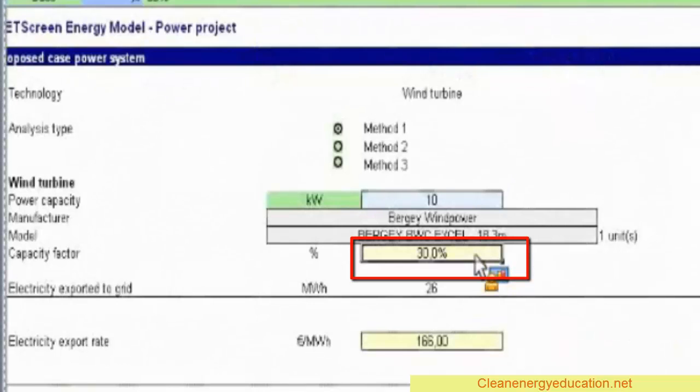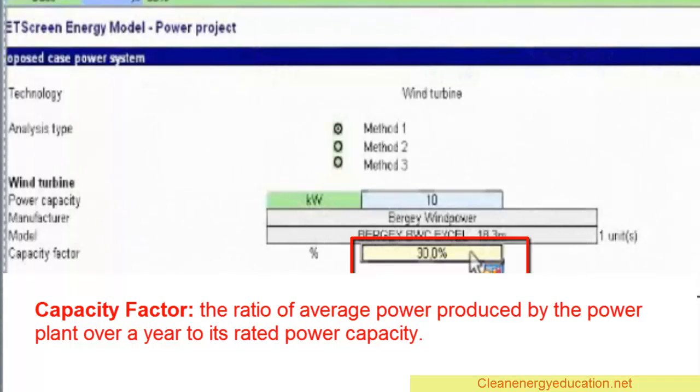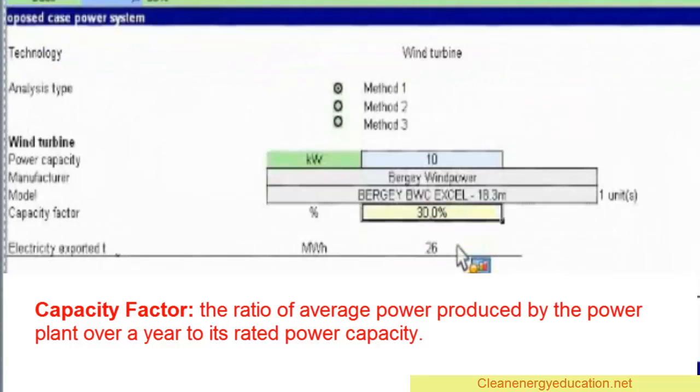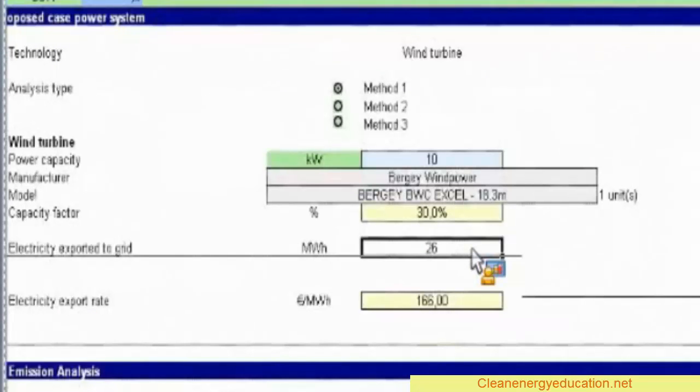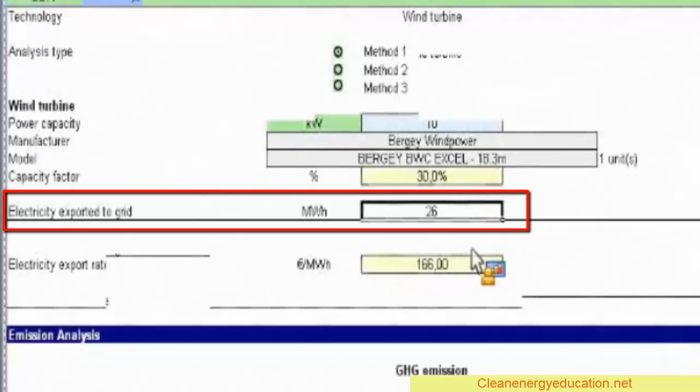In methods 2 and 3 we will have the opportunity to introduce average wind speeds per month, and then have a more precise, more accurate estimation of capacity factor. Capacity factor is roughly how many equivalent full load hours the wind turbine will run. So in this case, electricity exported to grid will be 26 megawatt hours per year.